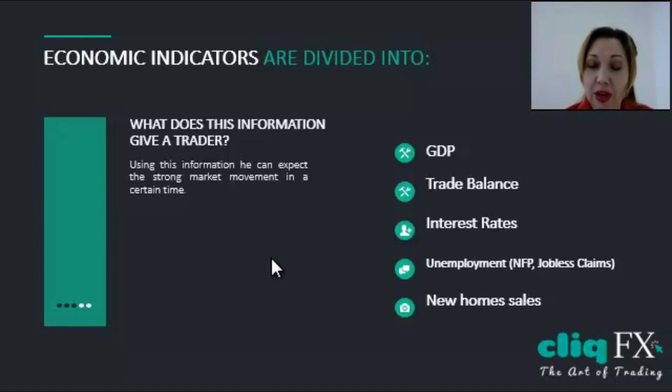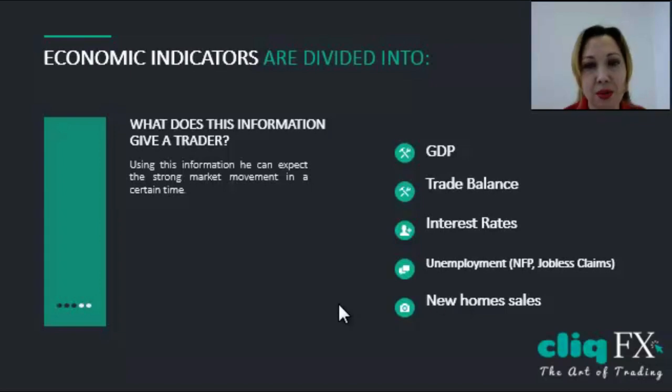In case of inflation, for example, high growth of the currency, the central bank can increase the rates. In this case, we open a buy position. In case of deflation, if deflation is the problem and the economy of the country needs a boost, the central bank can lower interest rates, and in this case, we open sell.